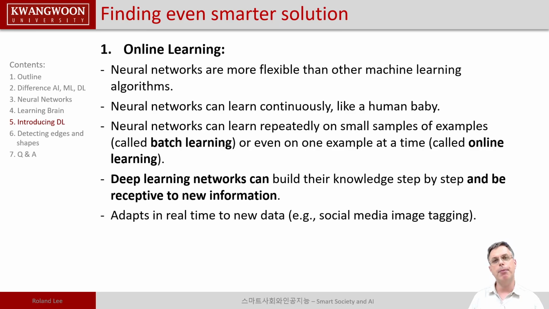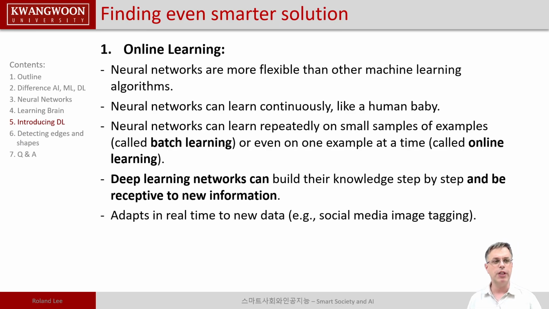This capability comes from optimization algorithms that allow neural networks to learn, which can repeatedly work on small samples of examples called batch learning, or even on one example at a time called online learning.